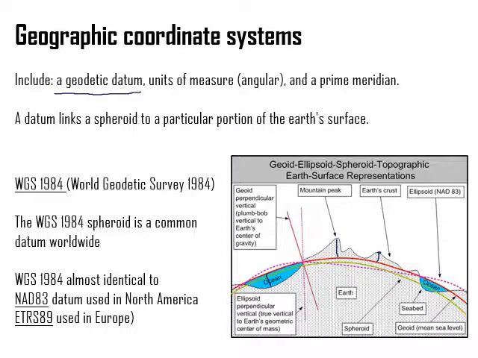And there's different types of theoretical systems that you can use, ellipsoid, geoid, etc. as a datum. Now, a really common datum is the WGS84, which is from the World Geodetic Survey 1984. And here, the spheroid is taken as the common datum worldwide, which is approximately mean sea level. So WGS84 is almost identical to a number of other geographic coordinate systems that are used, for example, in North America and in Europe.